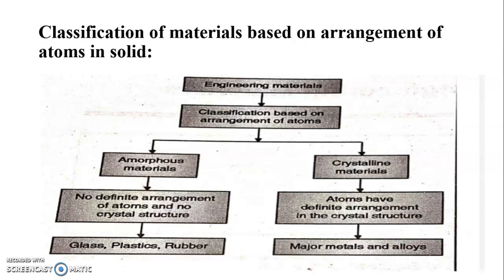Next, classification of material based on arrangement of atoms in solids. In this diagram there are two main types: amorphous material and crystalline material.